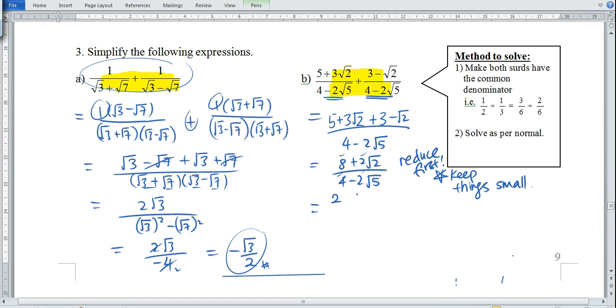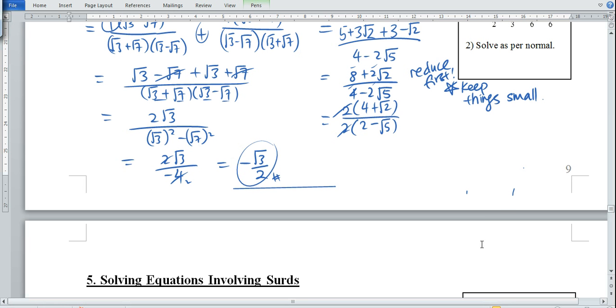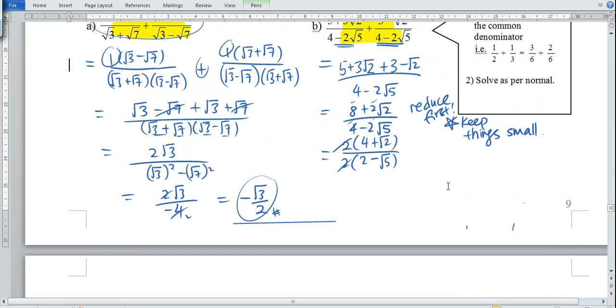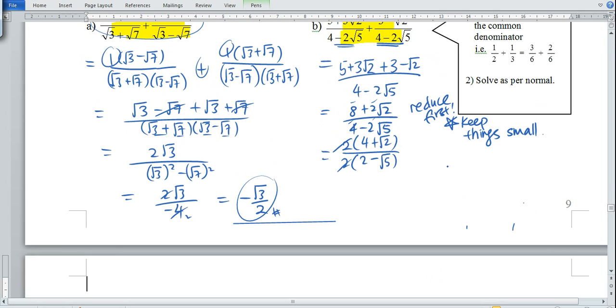Okay, so I can factorize out 2 first, and then I can divide out the common factors. Okay, so now I have a smaller fraction with surds to manage: 4 plus square root 2 over 2 minus square root 5.